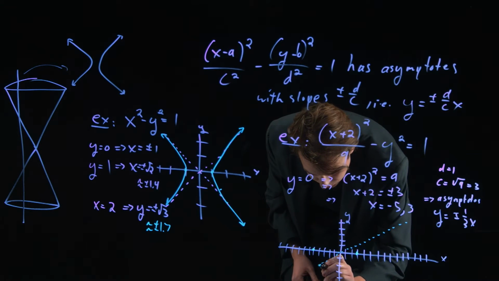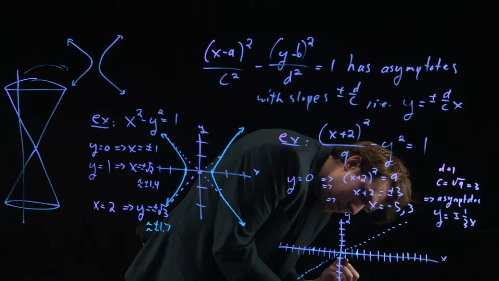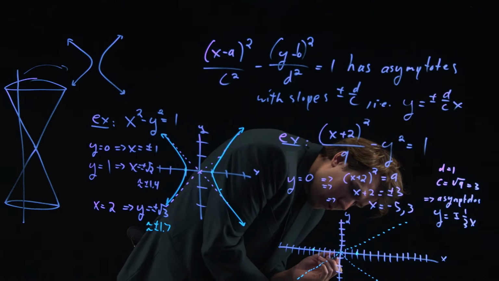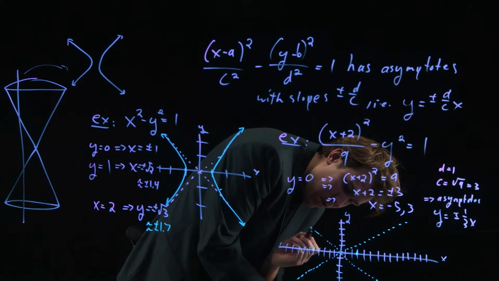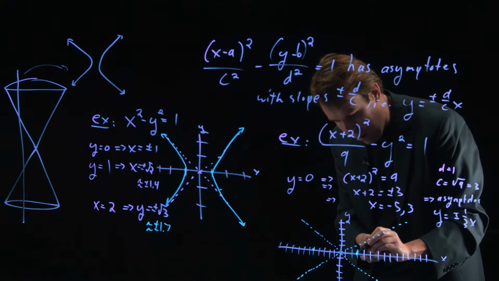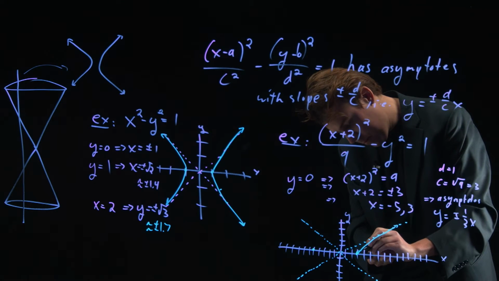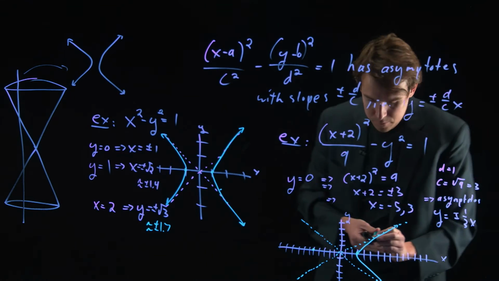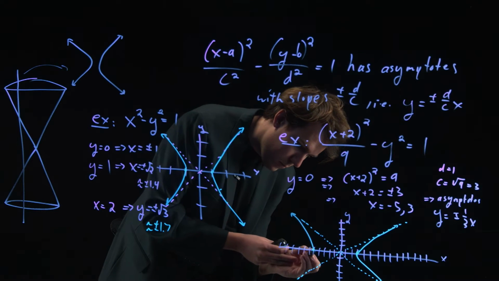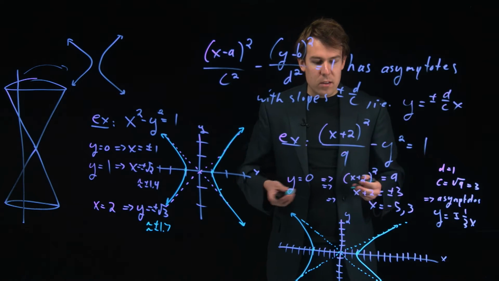Here's the one corresponding to positive 1/3. And then here's the one corresponding to negative 1/3. So now we can use these as a guide for our hyperbola. So our sketch will look something like this.